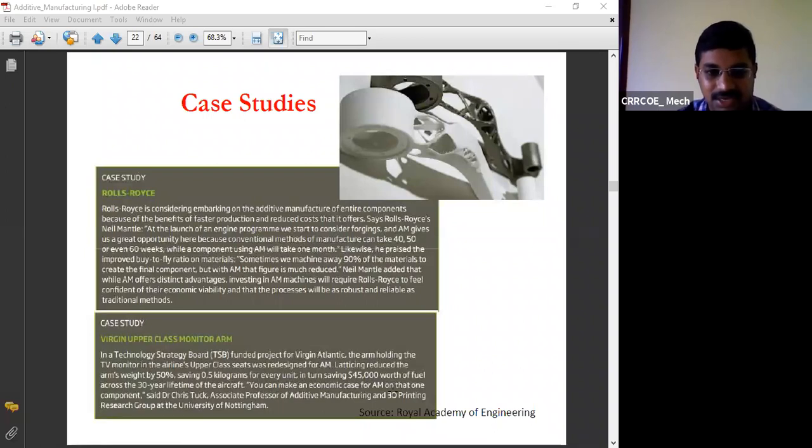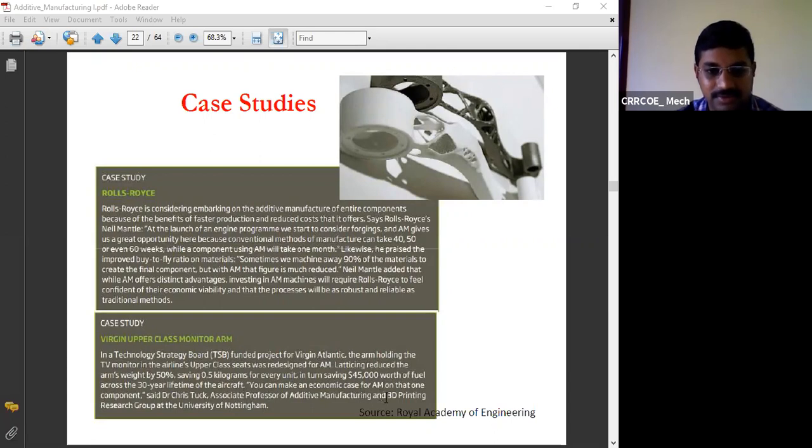So you can make an economic case for additive manufacturing on that one component. So this is about the details of who carried out this particular additive manufacturing process.